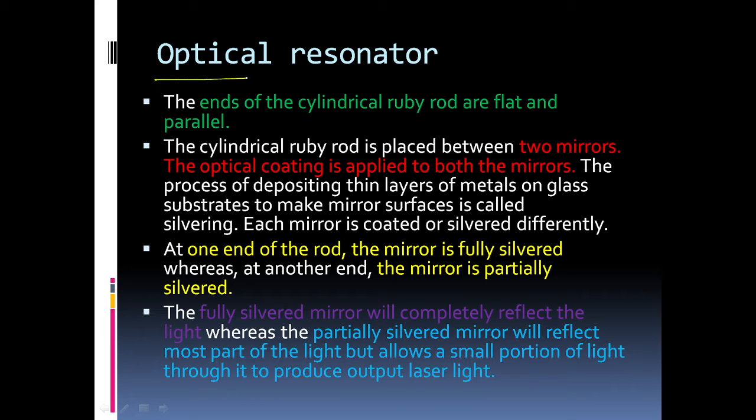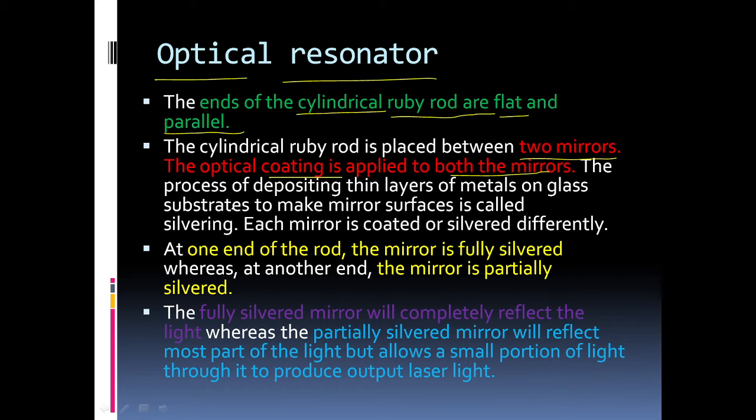Now the next point is the resonator. The ends of the cylindrical ruby rod are flat and parallel, and both ends are covered with two mirrors, as I have shown in previous pictures, which are coated with silver.